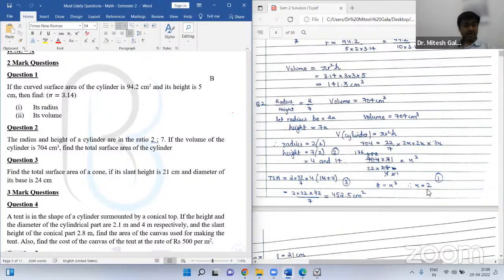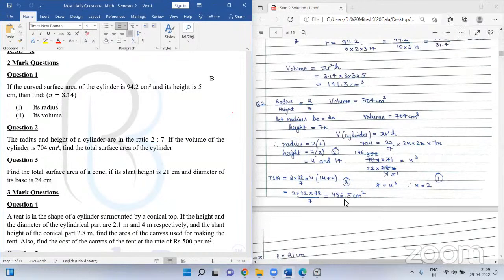Once you get x as 2, your radius is 4 and your height is 14. Then the total surface area is 2 pi r (h plus r). Substitute everything and your answer should be 452.57. Anybody got total surface area 452.57? Yes, sir.